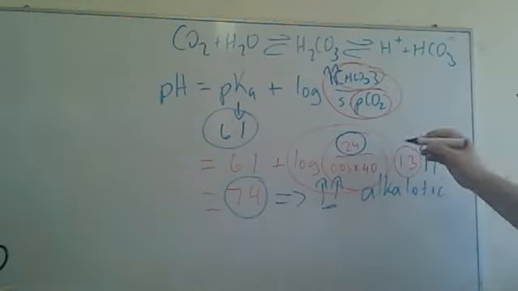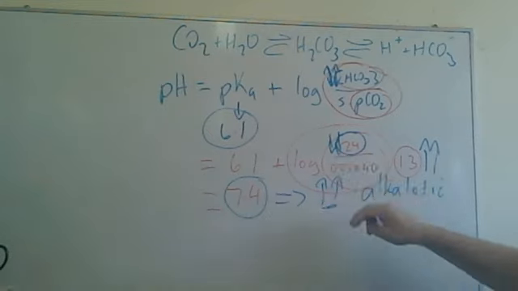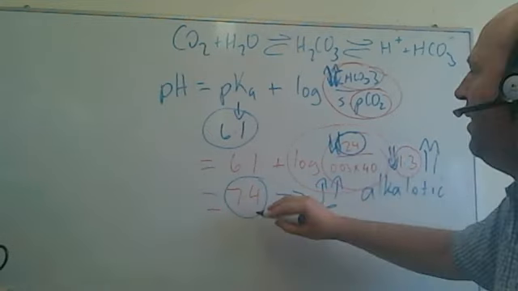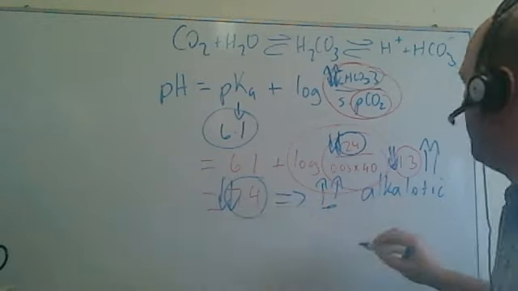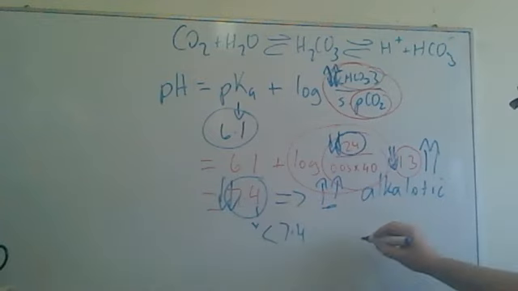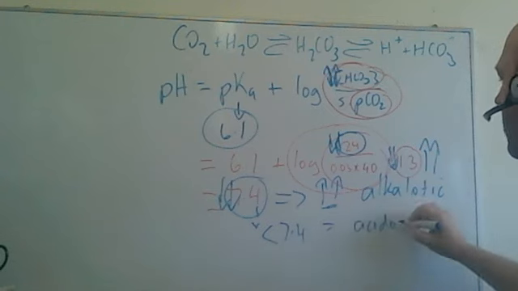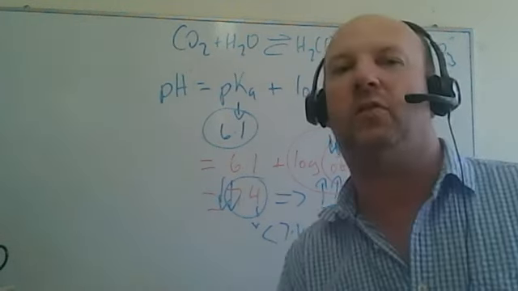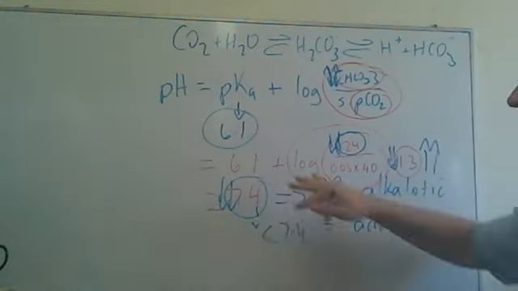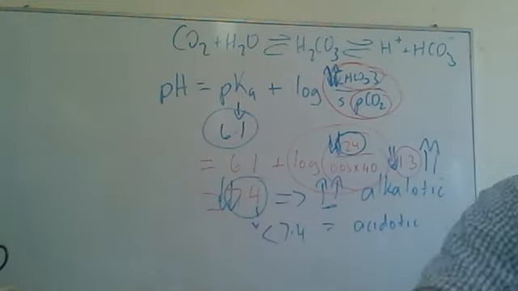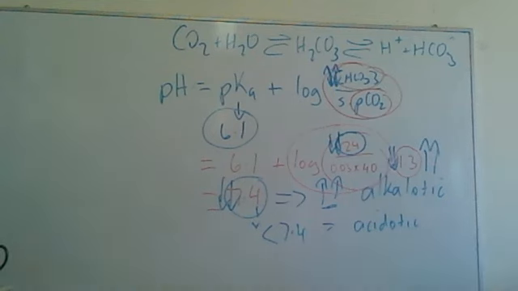Conversely, if we decrease bicarbonate ion levels, this value becomes less. The log value of this becomes less, so it becomes less than 1.3. Therefore, the pH will decrease, become less than 7.4, and eventually drop low enough that we could then say we have an acidotic situation.